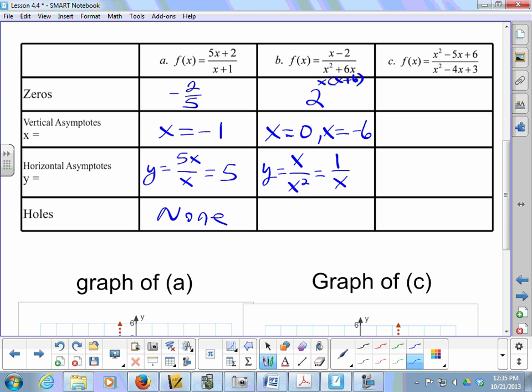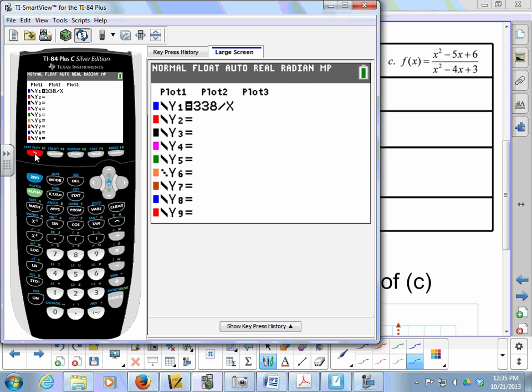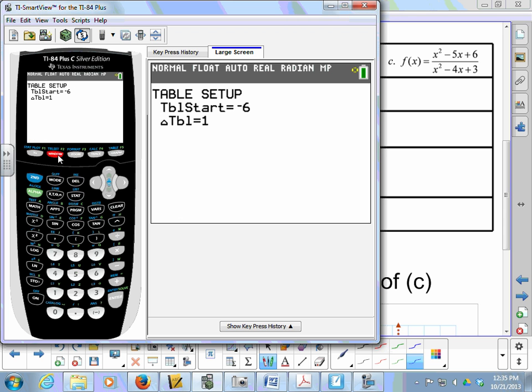But think about it for a second now. When we're talking about horizontal asymptotes or end behavior, we're talking about very, very large values of x. So if I take my calculator and put in y equals 1 divided by x, and I want very, very large values, I'm going to go to my table setup, and I'm going to go by 100s.